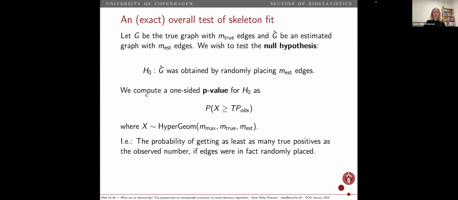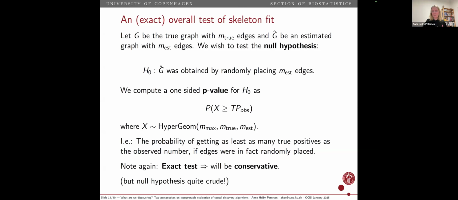Then we can compute a one-sided p-value for this hypothesis by simply looking at the probability of getting something at least as extreme, so a bigger number of true positives than what we've observed, when x is hypergeometrically distributed with these parameters. That's something we can very easily compute for a given setting.